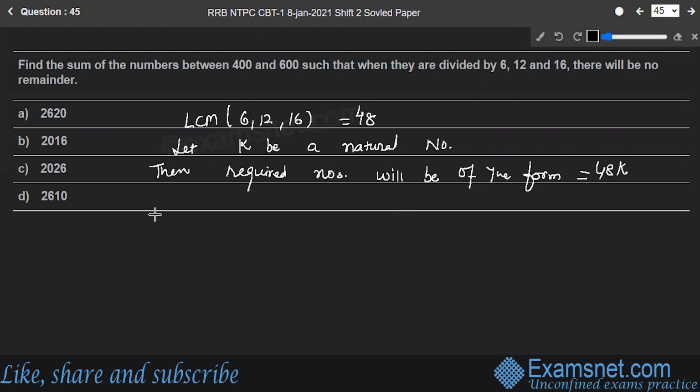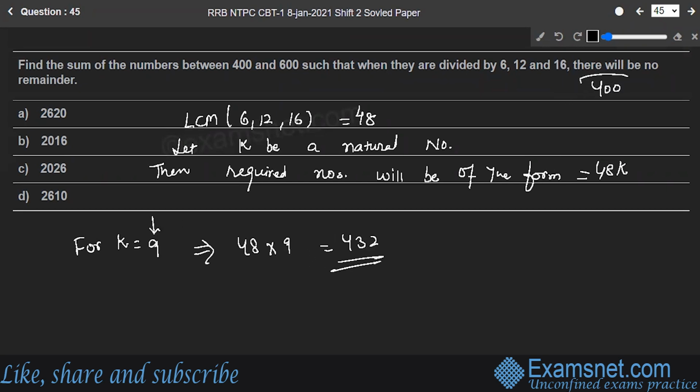Okay. So now for K equal to 9, we have 48 multiplied by 9, that is 432. Now, why am I starting with K as 9?